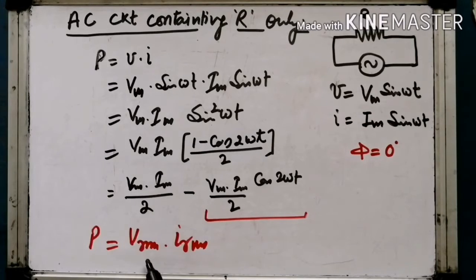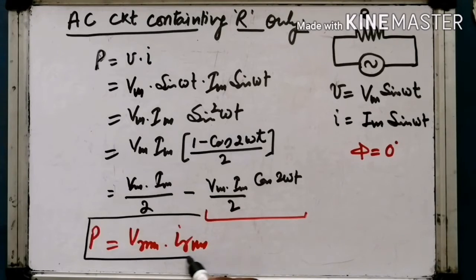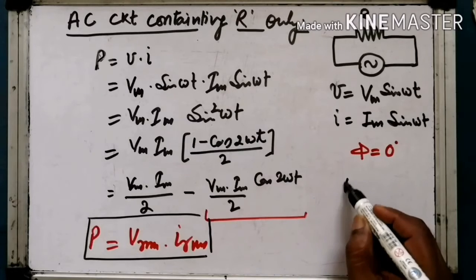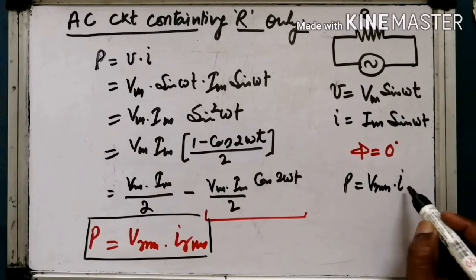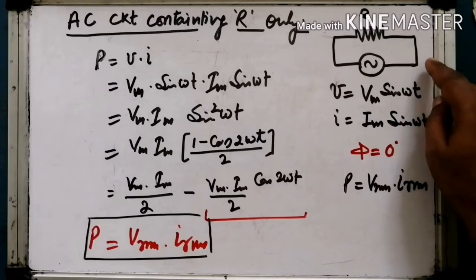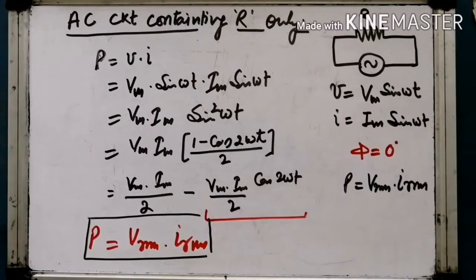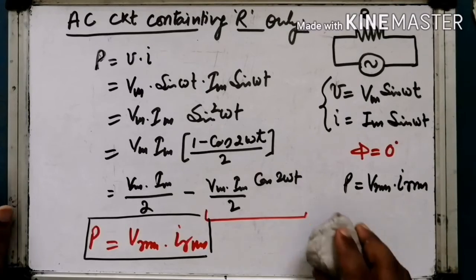Vm divided by root 2 is Vrms, Im divided by root 2 is Irms. So this one is the formula for the power, that is P equal to Vrms into Irms, right? This one is the circuit. These are the equations. Phase difference 0. This one is the formula for the power.